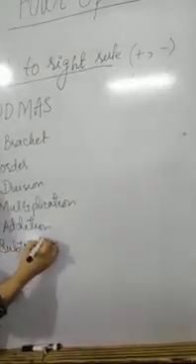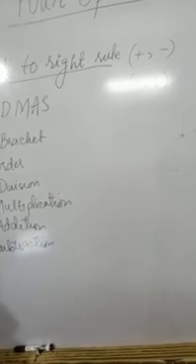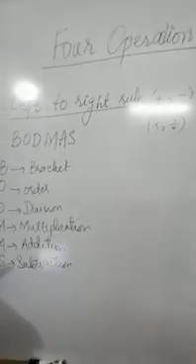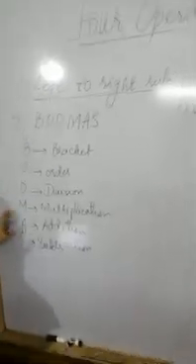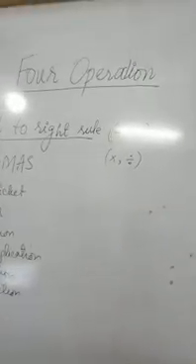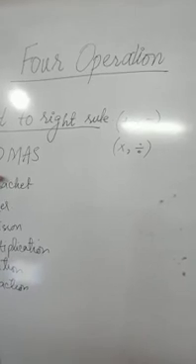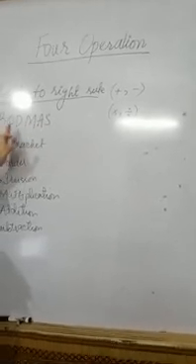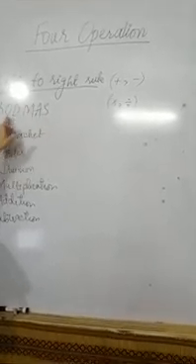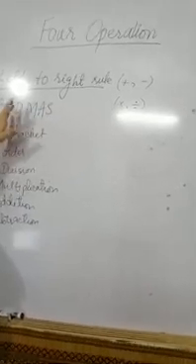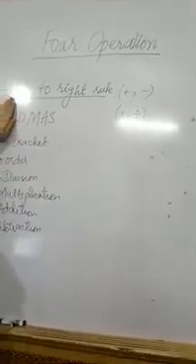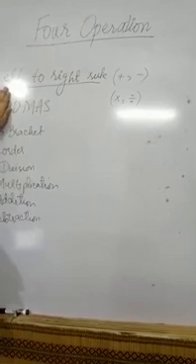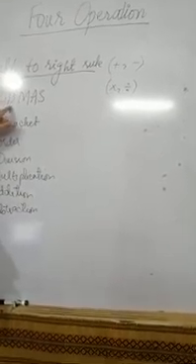Now students, in the BODMAS rule, the order of operation is very important. If there is a combination of division, multiplication, addition and subtraction, or any three of these operations, whatever the combination is, then we have to use the rule according to those letters.